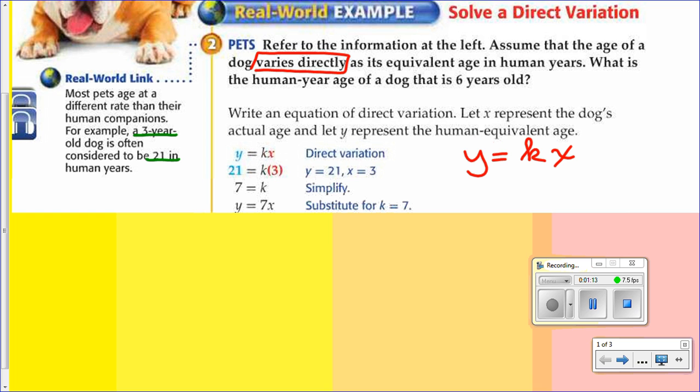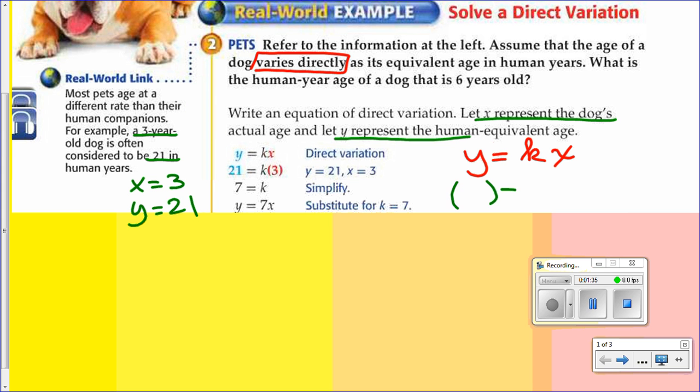So if I assume that the dog represents the y, well, we'll do y is the human, and x represents the dog, then I can plug those numbers in, because that means that x equals 3 and y equals 21.